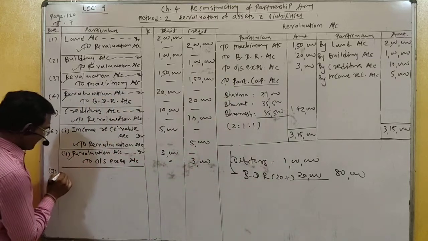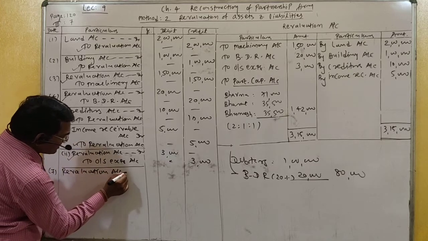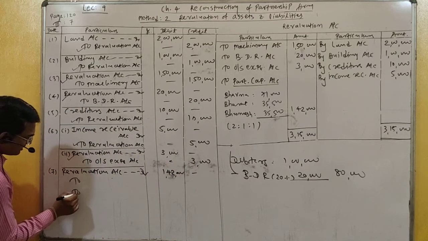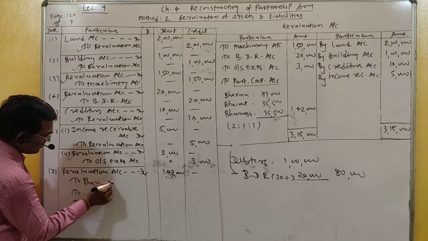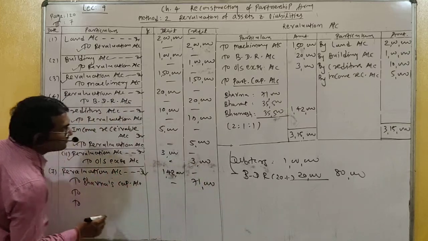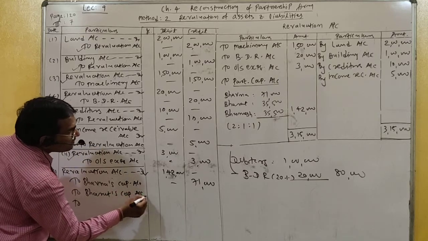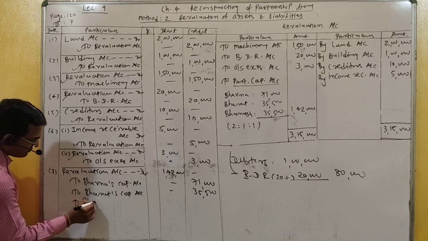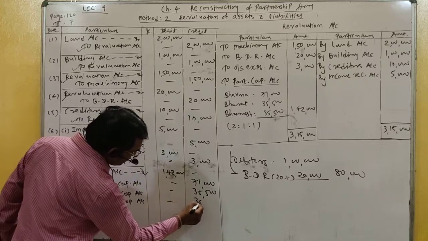Revaluation account debit 1,42,000 to partners one by one. There are 3 partners, so one by one. To Bhavna's capital account 71,000, to Bharat capital account 35,500, and to Bhunesh capital account 35,500.